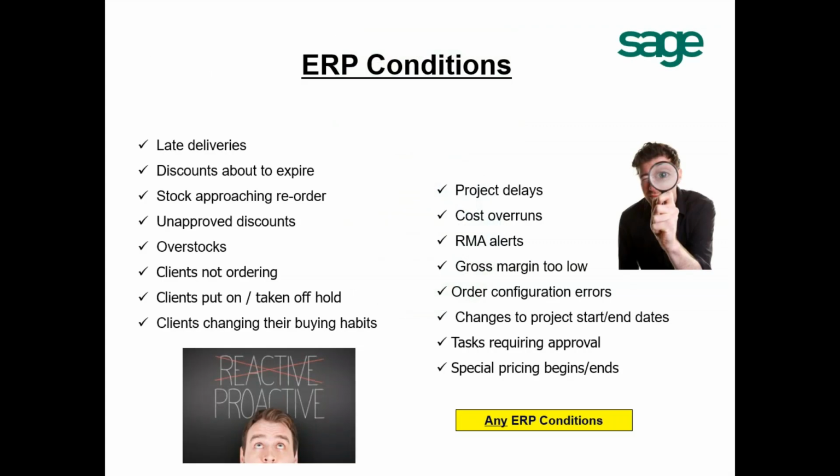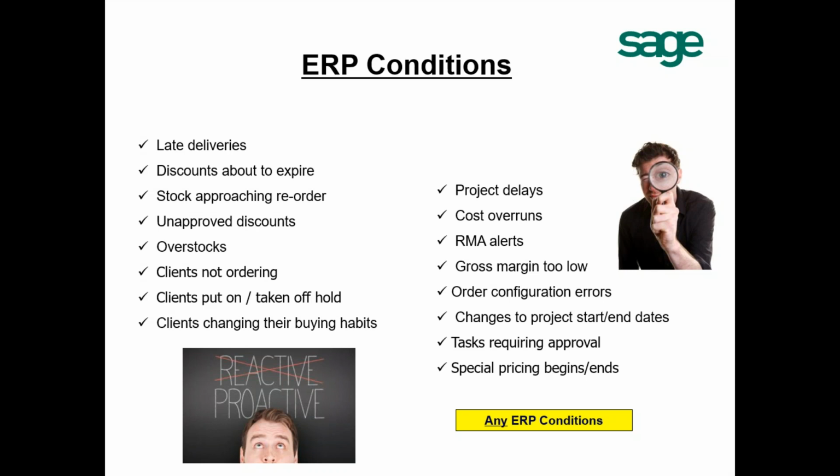So Alerts and Workflow starts out by automatically monitoring your Sage ERP, Sage 100 application for any business conditions that are important to you. Bears repeating, any business conditions that are important to you. Overdue invoices, low stock, a customer who has changed their buying habits or has stopped buying from you, changes to a customer's credit limit or credit status. Again, any business conditions that are important to you, Alerts and Workflow can monitor.